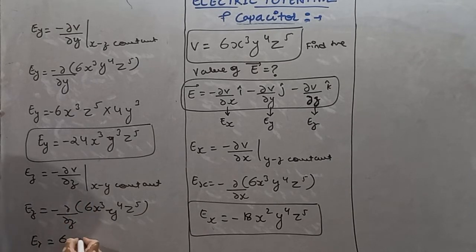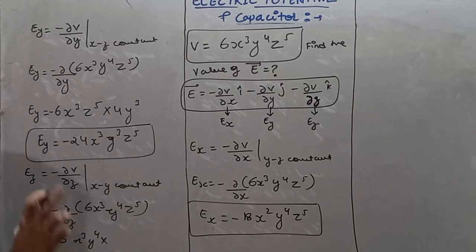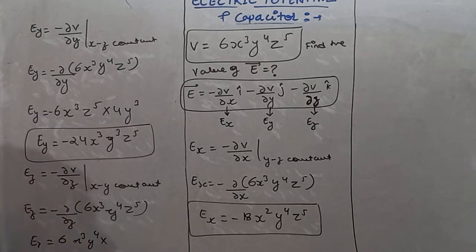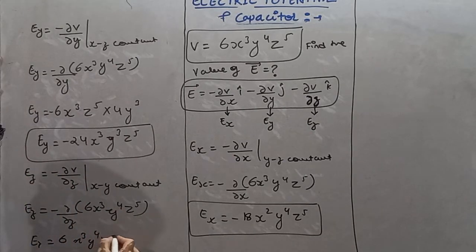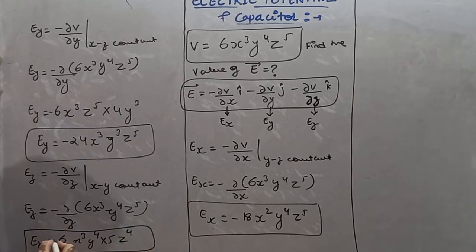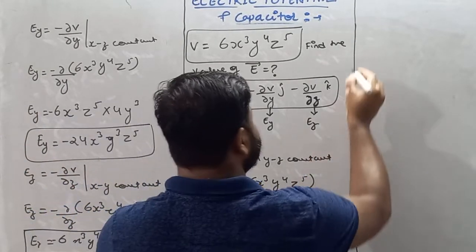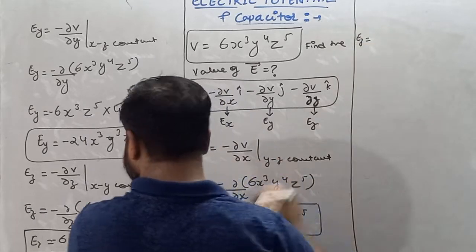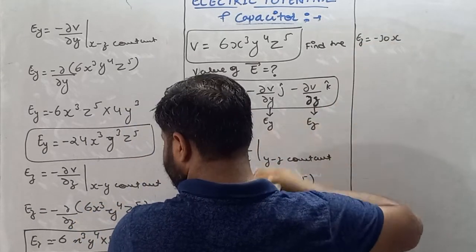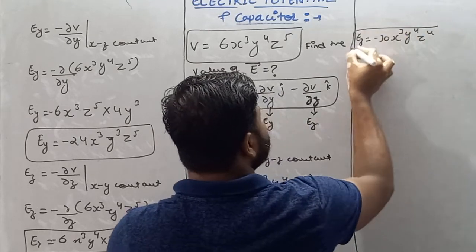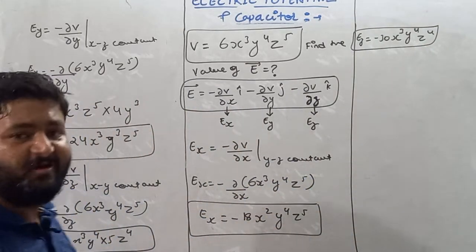So 6, x cube and y raised to the power 4 are constant, and z raised to the power 5 is differentiated, because partial differentiation means only a single term. So 5 comes outside and it will be z raised to the power 4. Multiplying, 6 fives are 30, so Ez is equal to minus 30 x cube y raised to the power 4 z raised to the power 4. This is the value of electric field along the z-axis.